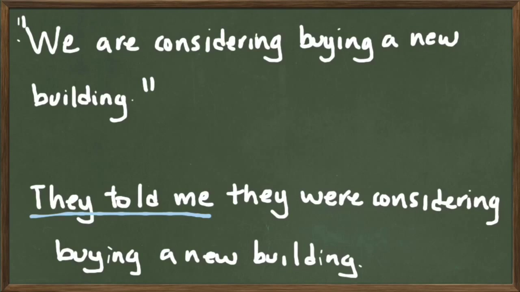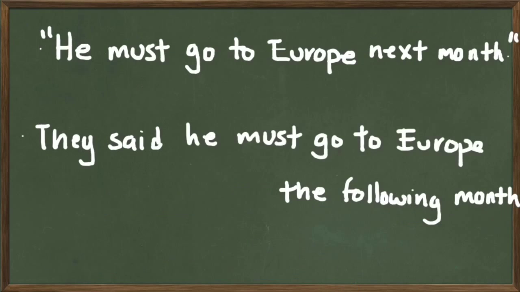Then we have our subject, they, and the reported information: we're considering buying a new building. Why were? Because in the original sentence we have are considering. So you notice that the formula does not change. It stays the same, and you should make notes of that.